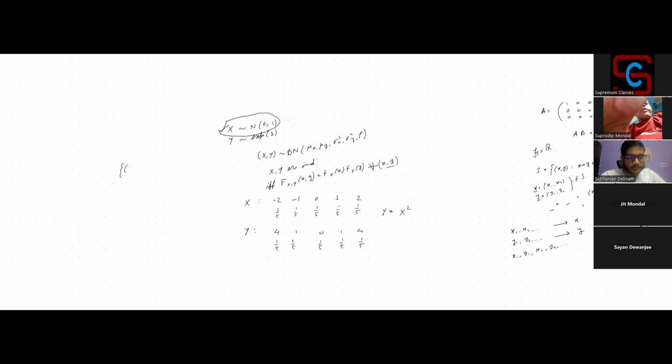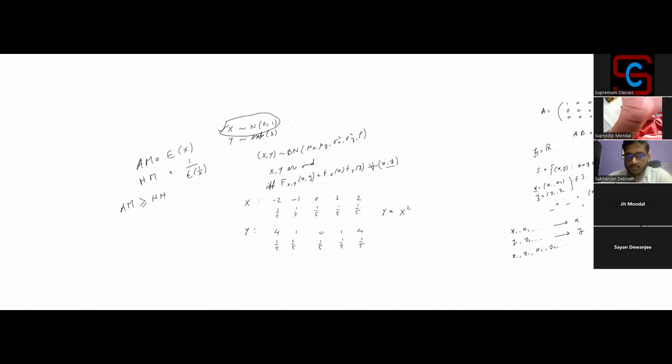For a random variable, AM equals expectation of X, and HM equals 1 by expectation of 1 by X. And what's the relationship between them? AM is greater than or equal to HM.